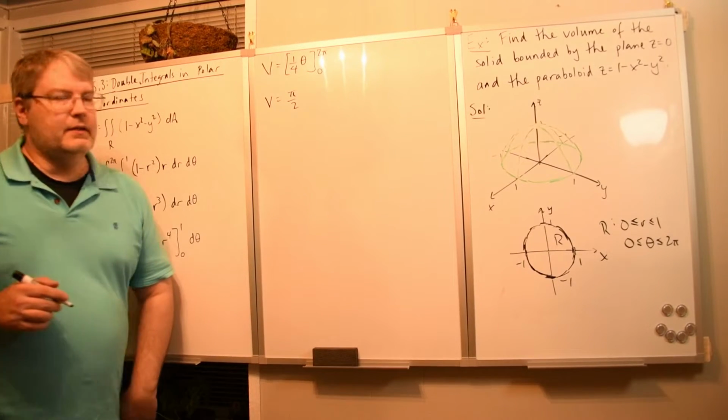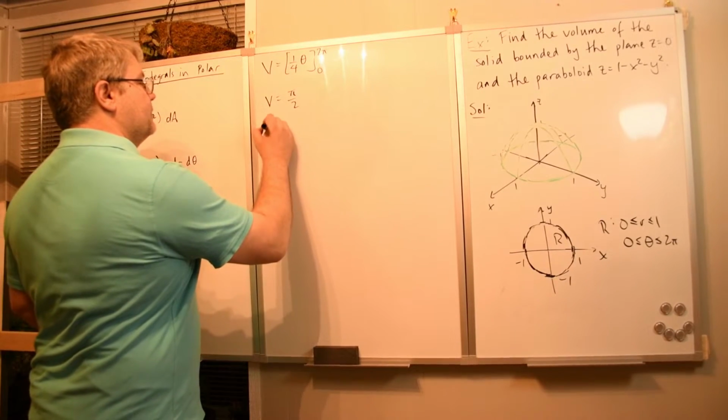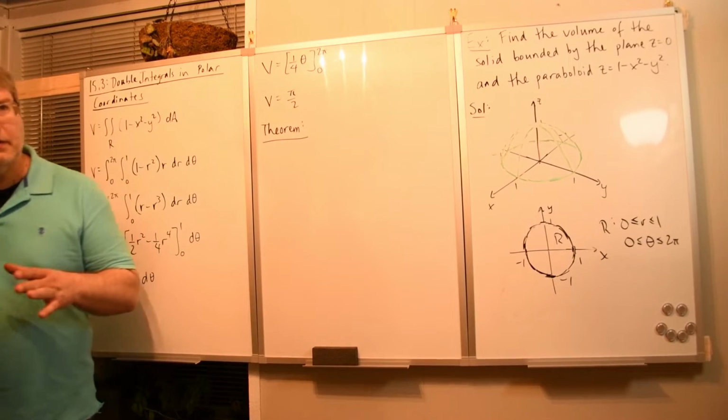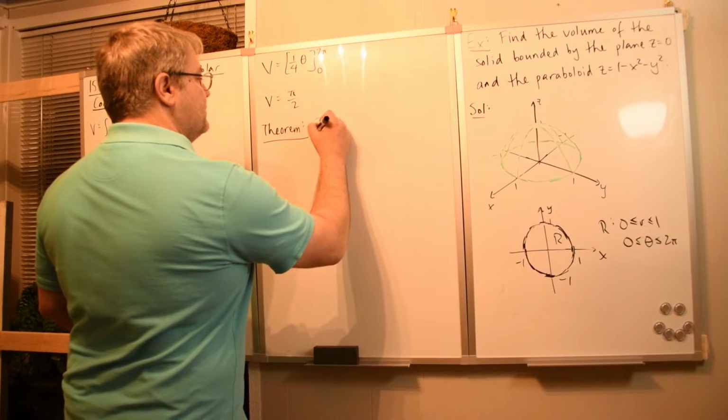Right, so the next thing that we need to think about is the following theorem. It might not be the case that the region you're integrating over is a polar rectangle. So maybe you have some sort of continuous function f.